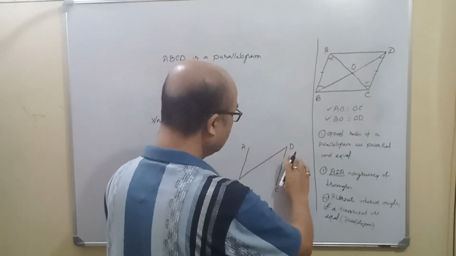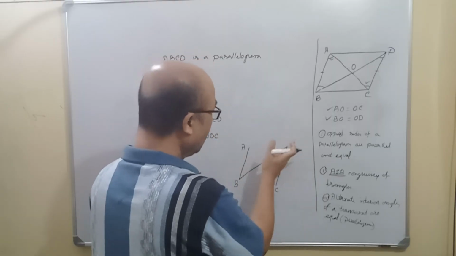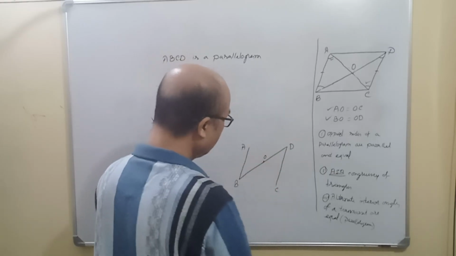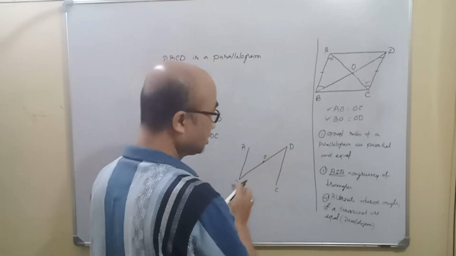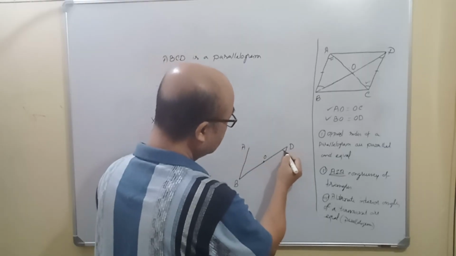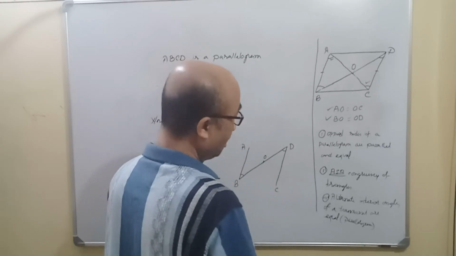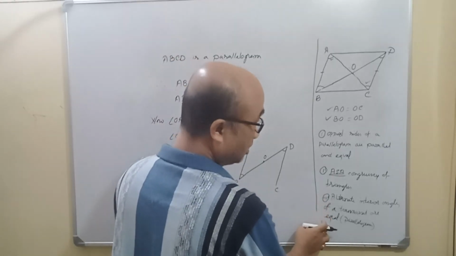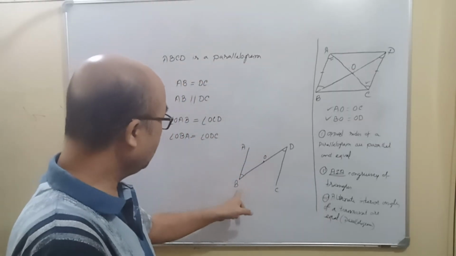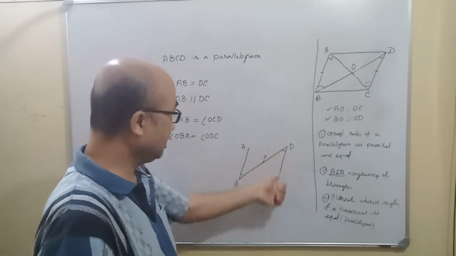AB and CD are opposite sides of a parallelogram, which are parallel and equal, and BD is the transversal. Here is the midpoint O. So BOD is the transversal. And if this is the transversal, then the alternate interior angles are equal according to this property. So angle OBA is equal to angle ODC.